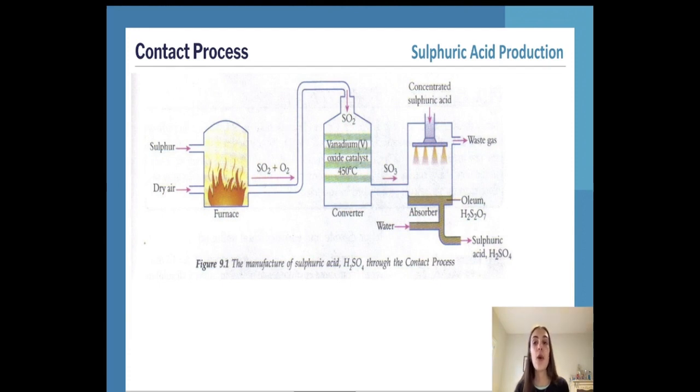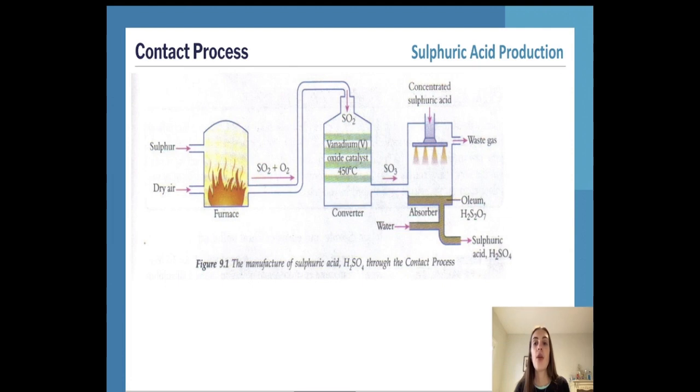As said before, this reaction gives off heat because it is an exothermic reaction, so our delta H value would be negative. For this particular reaction, the delta H value is negative 196 kilojoules per mole. However, you don't need to remember this for the exam. It just helps to show that it's an exothermic reaction.